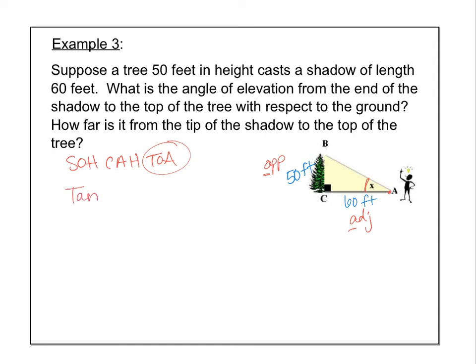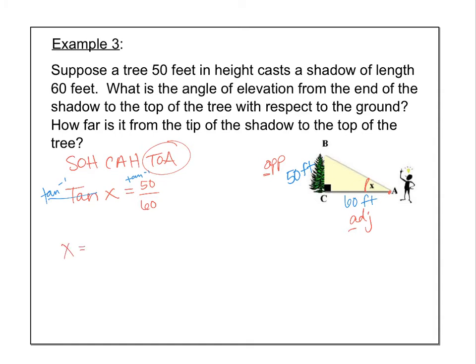So tangent of, we don't know the angle, that's what we're trying to find, we'll call it x, equals opposite over adjacent, so it's 50 over 60. To solve this, we need to get rid of the word tangent. We're going to do that by taking the inverse tangent.